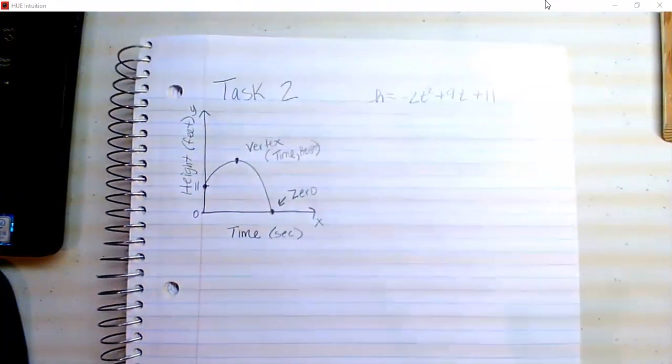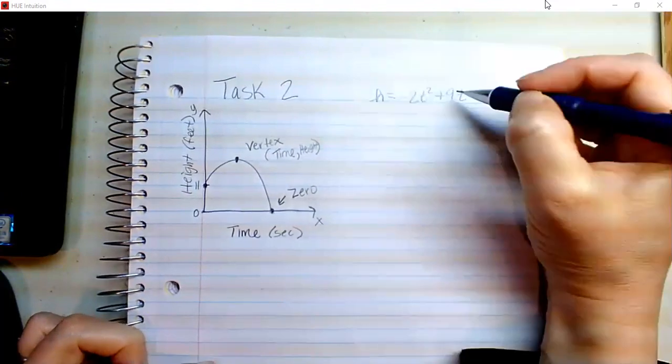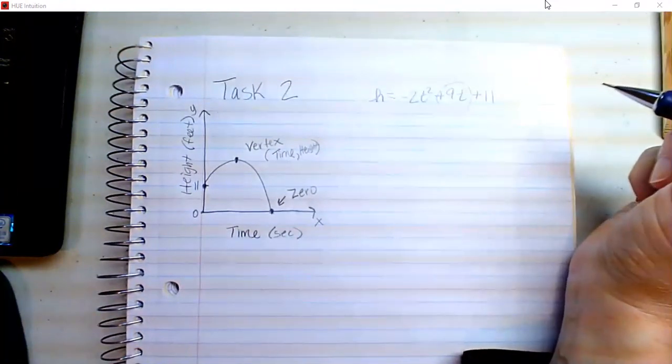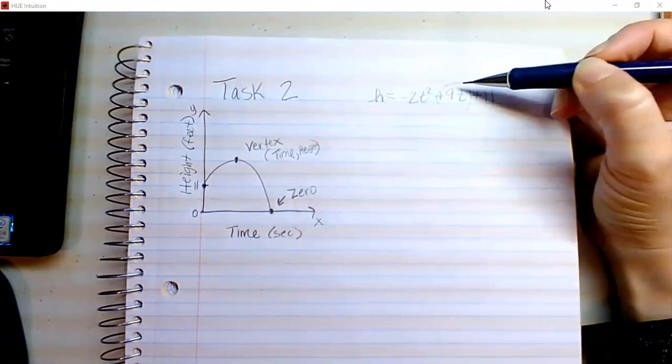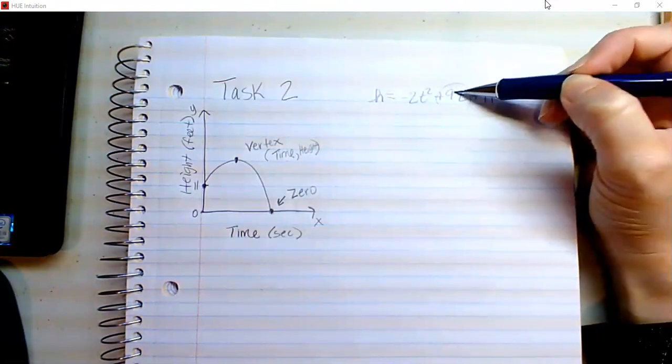All right, so 11 was the y-intercept. That 9, this middle term right here, is always something called our initial velocity, okay? It's like a force at which we throw something or we push something or we jump from something. So that's our initial velocity, and it says he jumped with an initial velocity of 9 feet per second.